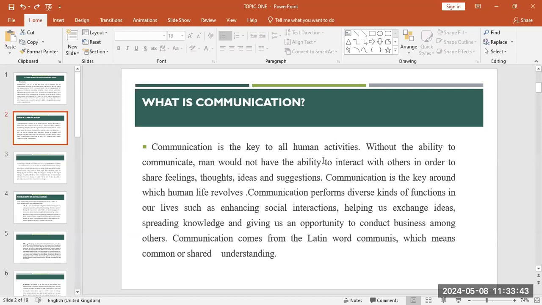Communication performs diverse kinds of functions in our lives, such as enhancing social interactions and helping us exchange ideas. It helps us spread knowledge, like we are doing right now. All of us are at various places.